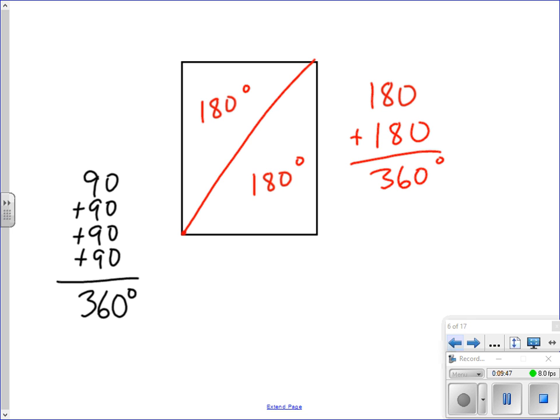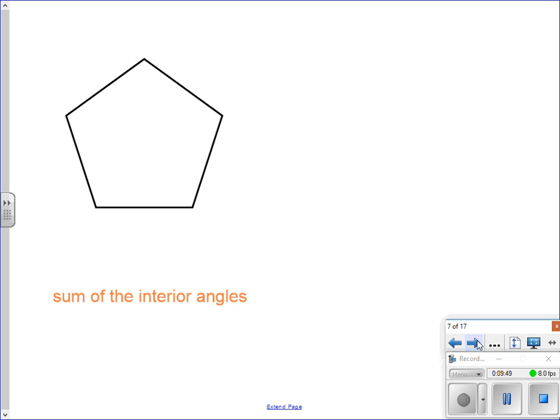Amazingly enough. Now, a pentagon is a 5-sided shape, and each angle is not 90 degrees. As you can tell by looking at this, 90 degrees would be kind of like this, but we have slightly bigger angles. It's bigger than 90 degrees. And there are 5 of them.